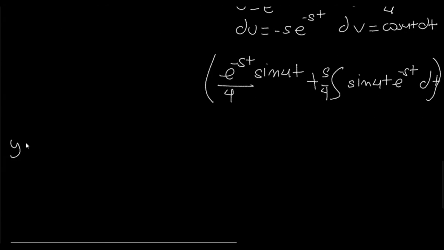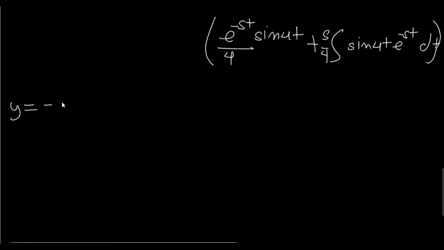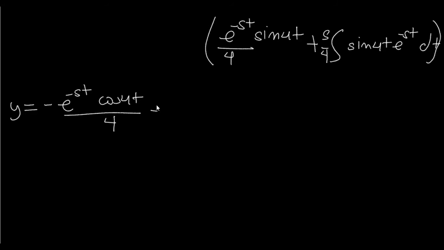baba na natin yung y tsaka yung negative e to the negative st cosine 4t over 4 minus, ba siya? Okay, tama. Minus yung s over 4, i-distribute na natin.